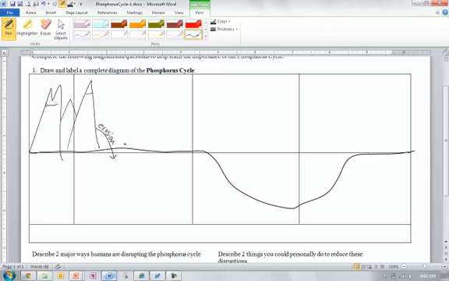Or any land. The erosion of land contributes to inorganic phosphate. Inorganic phosphate is phosphate that contains no carbon. Hence the inorganic. Organic would mean carbon. Inorganic means no carbon.